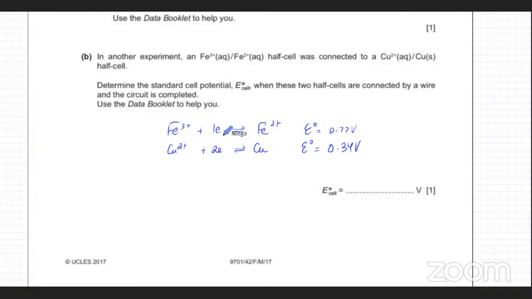The higher potential is the one that gains electrons. So this one is the higher one, the one that's going to gain electrons, and the other one is the lower one, the one that's going to lose electrons. The first one needs to be multiplied by 2 so that the number of electrons gained and lost are equal. He's saying determine the standard cell potential. You can just subtract the two values, higher potential minus lower potential. So it's going to give you 0.43 volts?